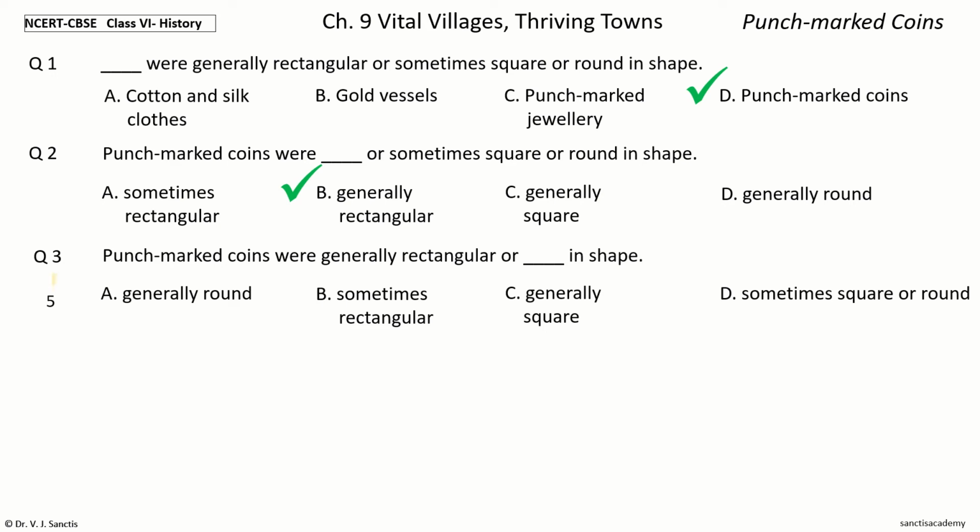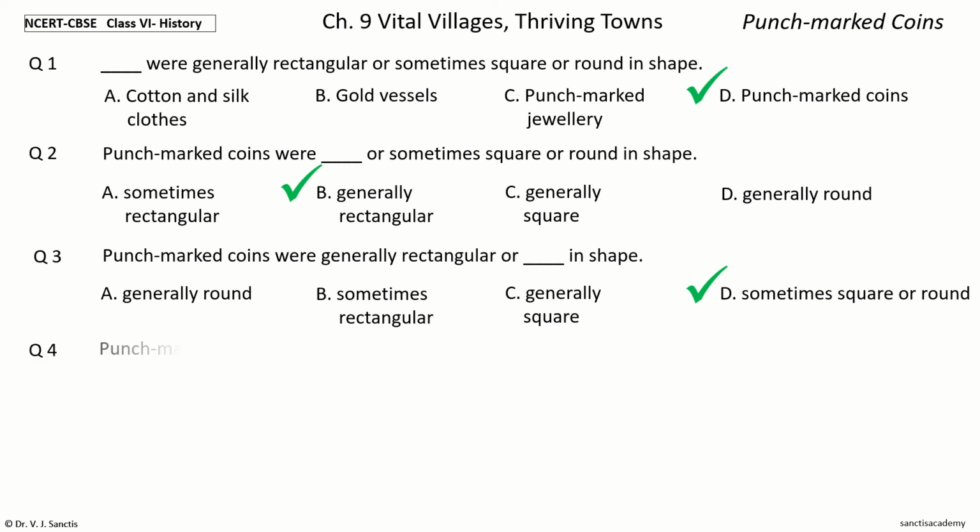Your time to choose. And the answer is sometimes square or round. So, punch-marked coins were generally rectangular or sometimes square or round in shape.